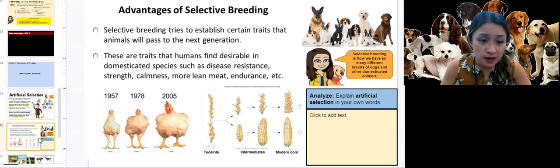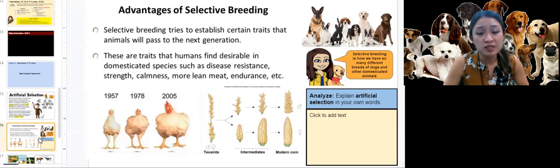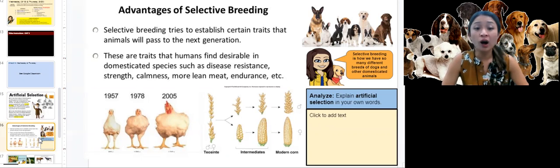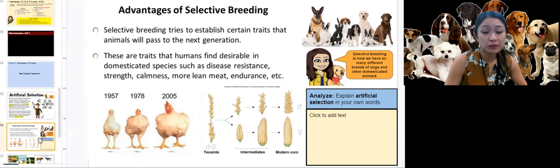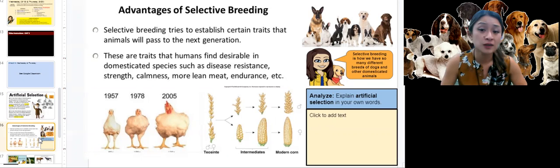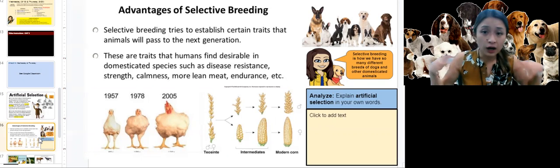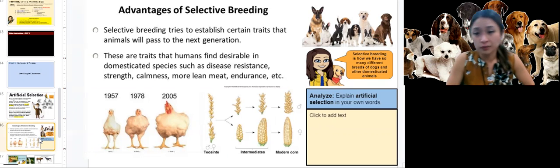These are traits that humans find desirable in domesticated species, for example if they're disease resistant, if they're strong, if they're more calm, maybe you want more lean meat, maybe you want more endurance, right? So behind me, I have a lot of dogs, right?